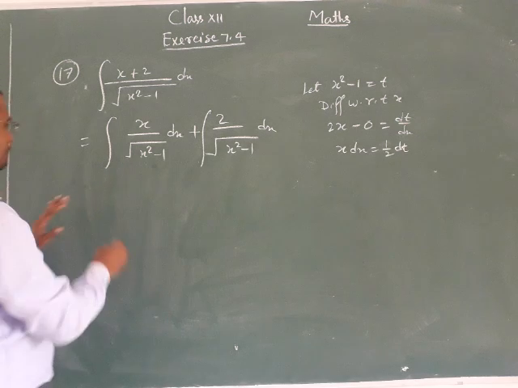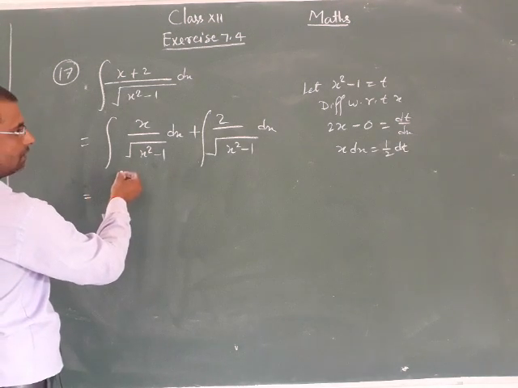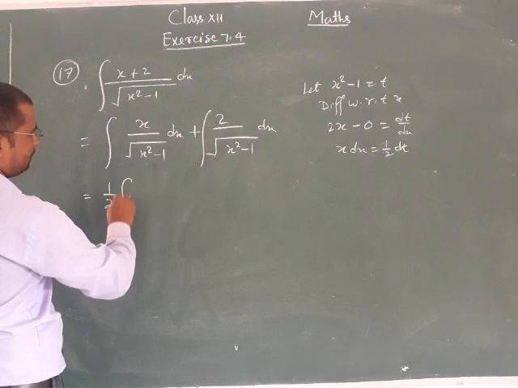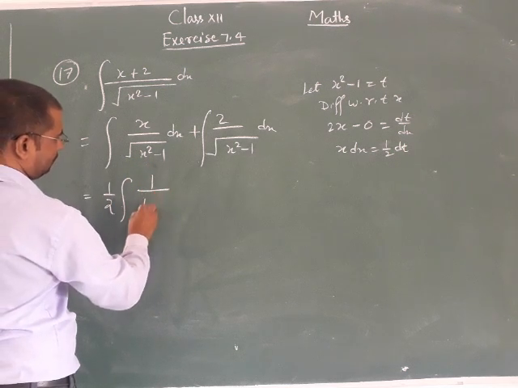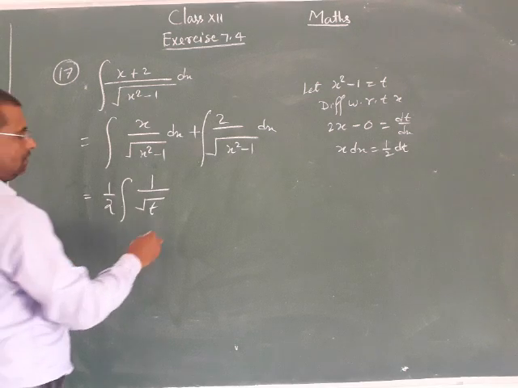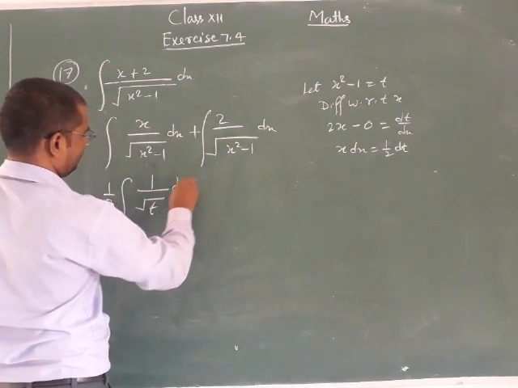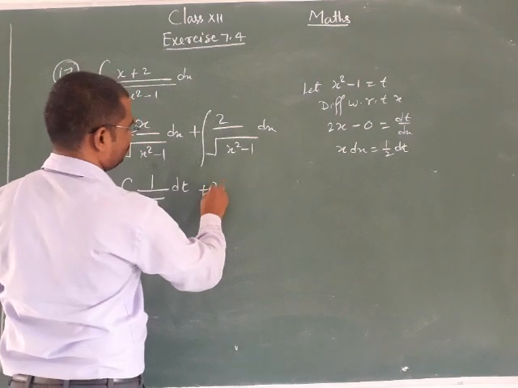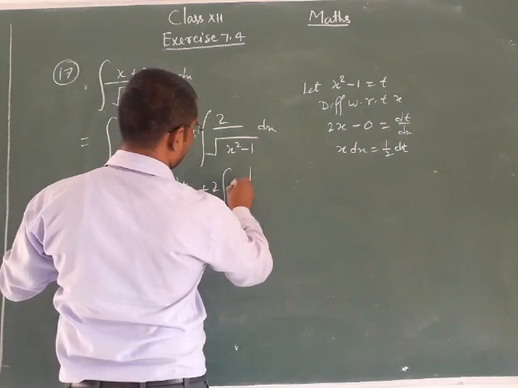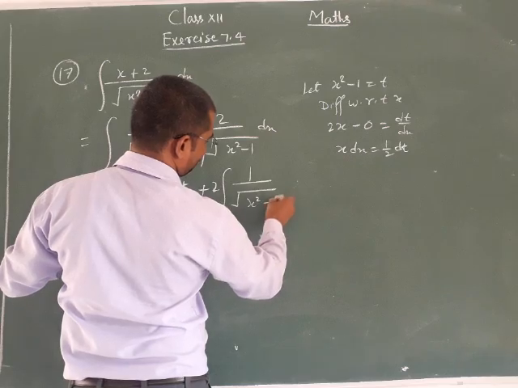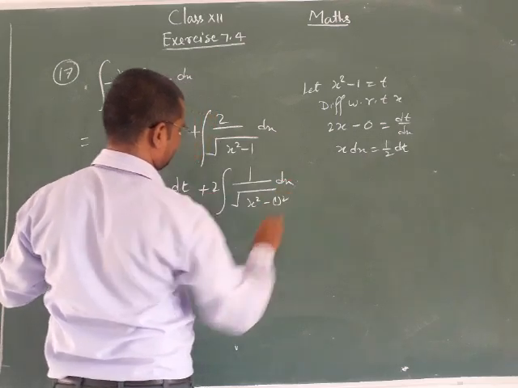Changing in this way, we get 1 by 2 common out, integration of 1 upon root t dt, plus 2 integral of 1 upon root x square minus 1 square dx.